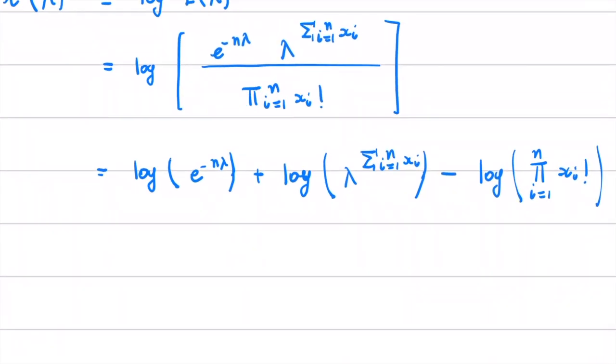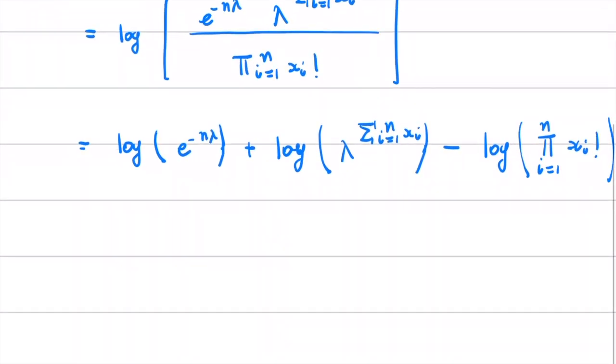Now we can do a bit more simplification. Log e to the negative n lambda actually just simplifies down to negative n lambda, because you're taking the log of an exponential, so you just need to look at what the power is. Now, log of something to the power, what happens?